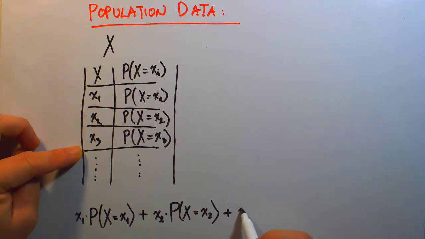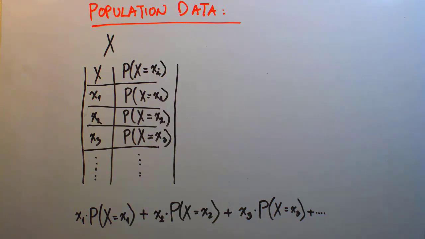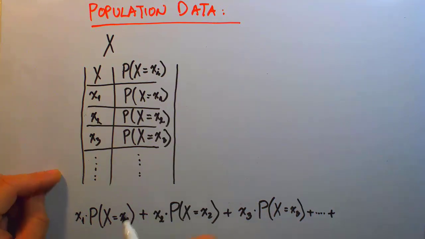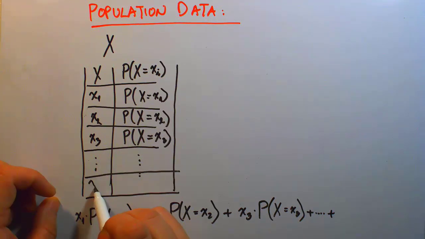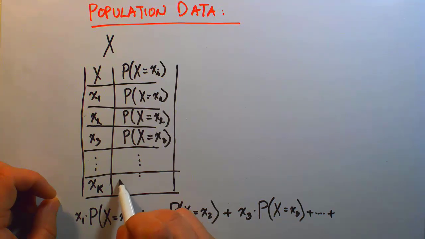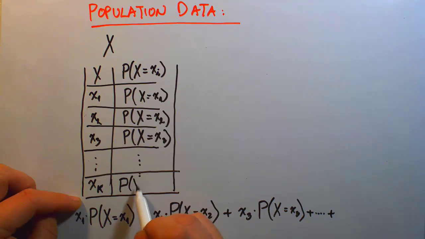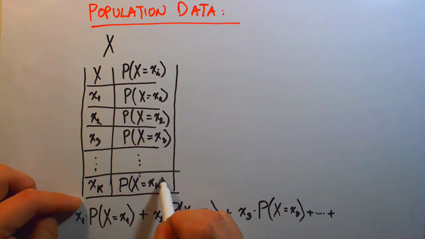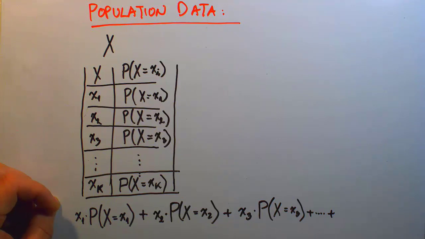The next product, x3 times the probability where random variable X equals x3, and we keep adding all of these pairwise products from the beginning to the end. So let's say your data here has some k distinct values, then technically the last one, we're going to add all these pairwise products until we reach the very end of our list here.